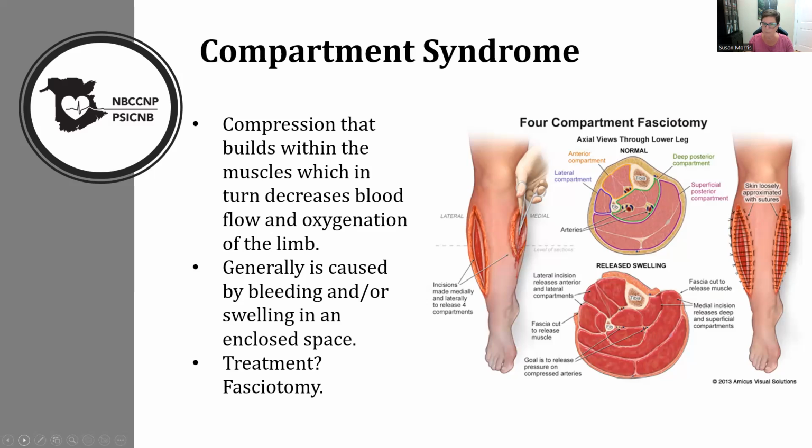And so the patient may need a fasciotomy to release the pressure and allow blood flow to be resumed to the distal foot. So it can be a really big deal, and you as a nurse need to pay attention to it.